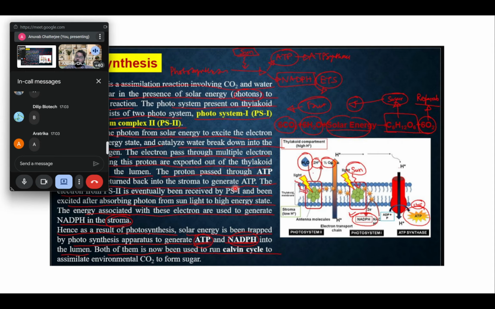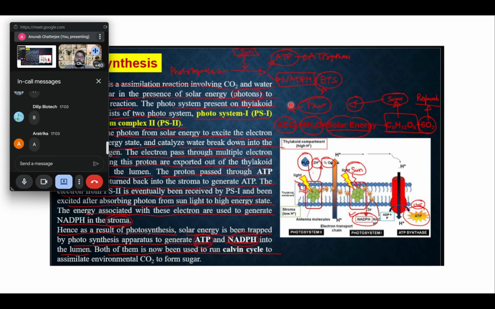Where is the sugar coming from, or the CO2 being used? So this ATP and NADPH is simultaneously used up in something known as the Calvin cycle, which starts with CO2 and then uses the ATP and NADPH produced by photosystem 1 and 2 to form actual glucose.